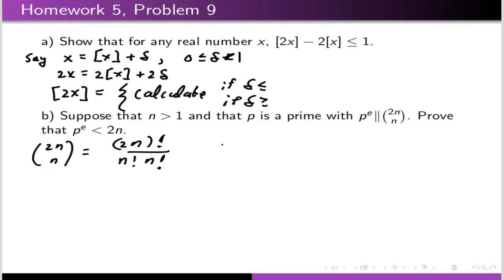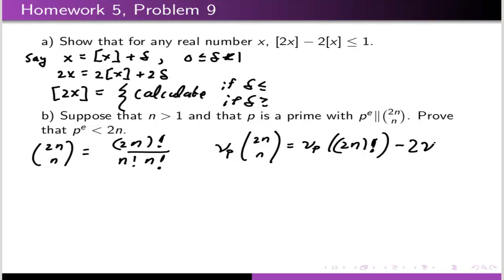And then I want to calculate the multiplicity of p in 2n choose n. So that would be the multiplicity in the numerator minus 2 times the multiplicity in the denominator. And then we use our theorem that gives us the value of this multiplicity.